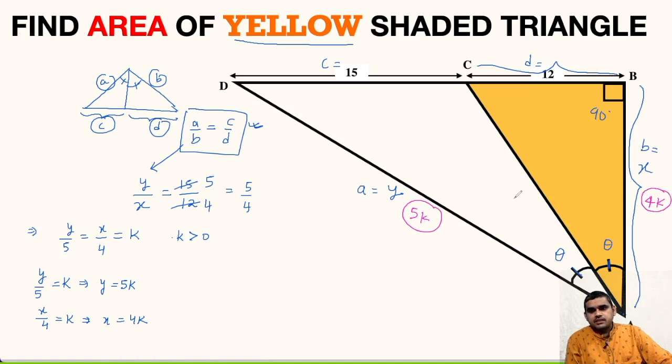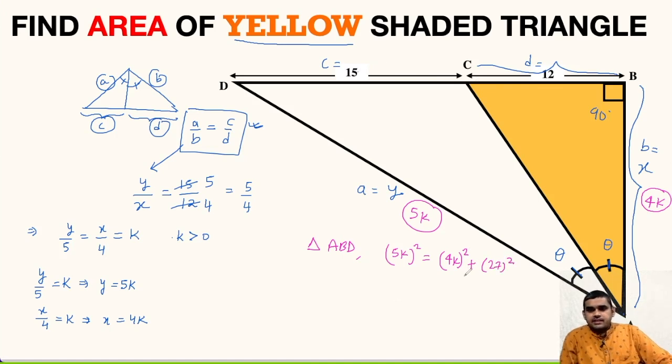Now if we see right triangle ABD and apply the Pythagorean theorem, we will get 5k squared, that is the square of the hypotenuse, is equal to 4k squared plus, this will be 15 plus 12, 27 squared.